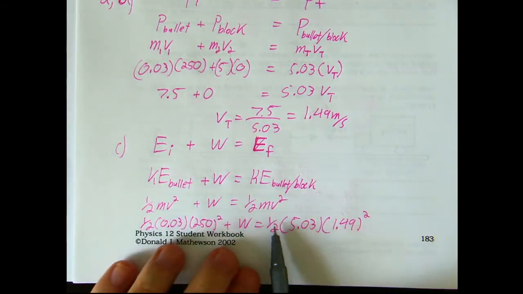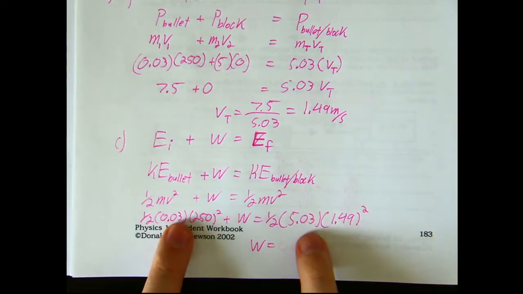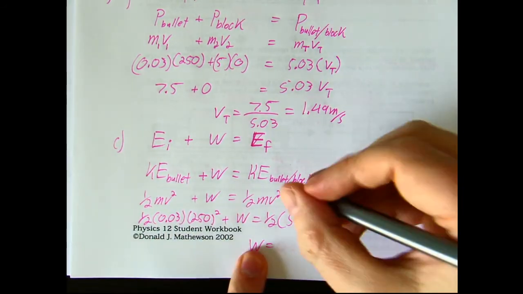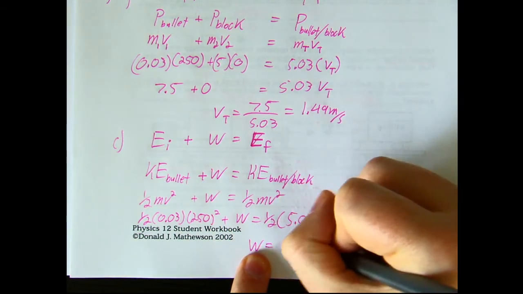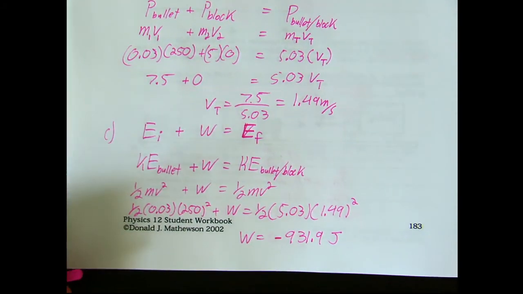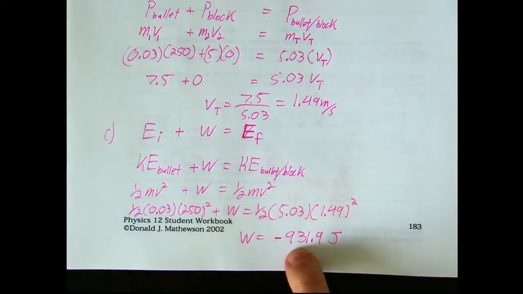If you solve this for work, I want you to do that calculation just to verify for yourself that this is true, the work here that is done is going to be negative 931.9 joules. So if work is negative, that means energy is leaving the system.